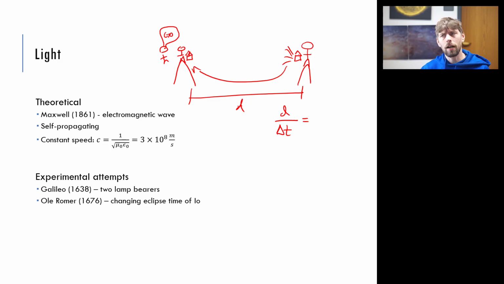The problem with Galileo's experiment is that it happened essentially instantaneously. Galileo, I believe, came to the conclusion that if light has a finite speed, it is very high. That's basically the best he could do. In fact, it's very hard to do this kind of measurement unless you have very, very fast timing devices, or if your distances are really, really large.